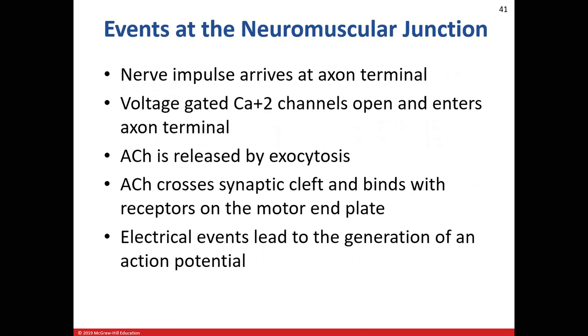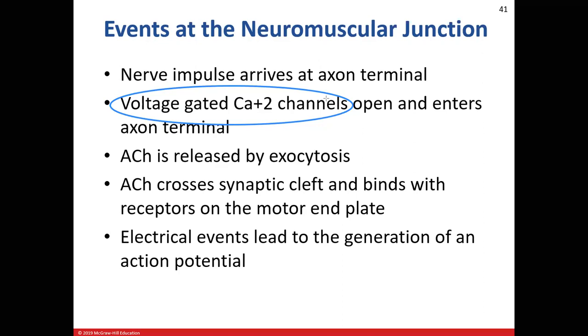Then the nerve impulses are going to arrive at the axon terminal. The next step involves our first type of voltage-sensitive channel: voltage-gated calcium channels. These voltage-gated calcium channels open up, and this allows calcium to enter the axon terminal.